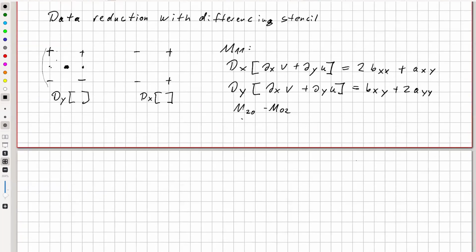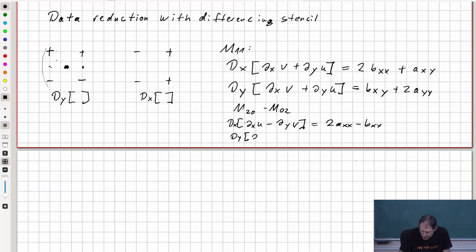Here we get dx u minus dy v is equal to 2 a_xx minus b_xy, and the same in the other direction is a_xy minus 2 b_yy.